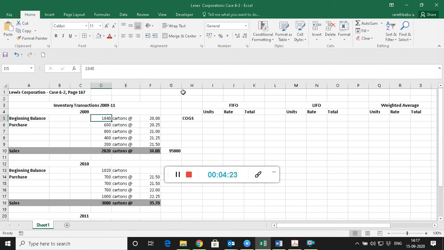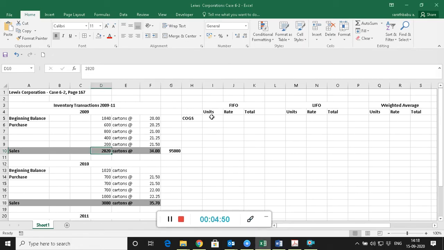So first I'll use 1840 units at the rate of 20. Second, I'll use 600 at the rate of 20.25, and third I'll be using 800, and so on until I reach 2820. So let me calculate COGS as per FIFO method.